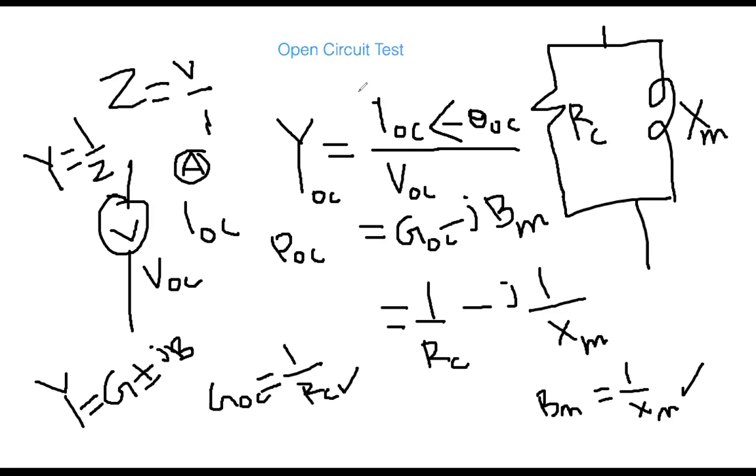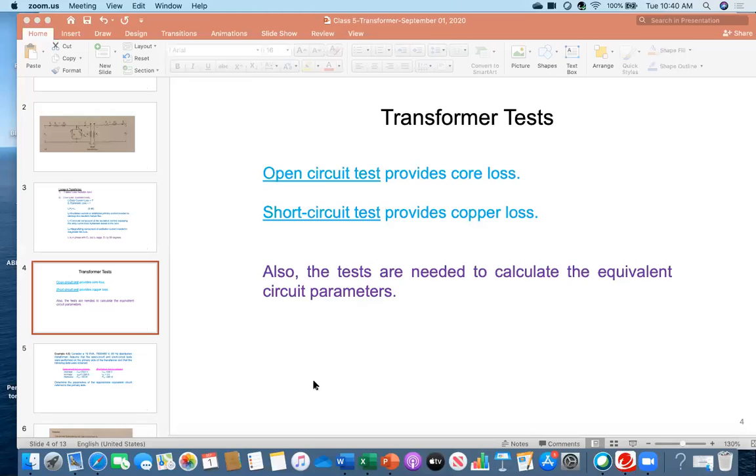From the previous experiment, the short circuit test, the wattmeter reading is directly the copper loss. Everybody say: open circuit test provides core loss. Short circuit test provides copper loss.